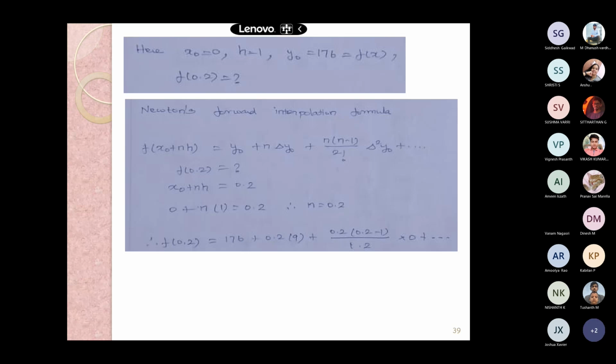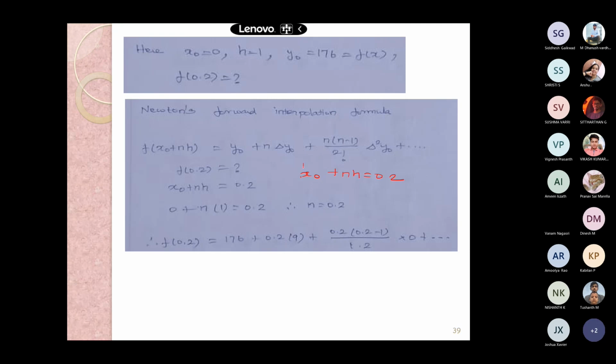So in the Newton forward interpolation formula, f of 0.2 is essential, so x naught plus n into h is equal to 0.2.